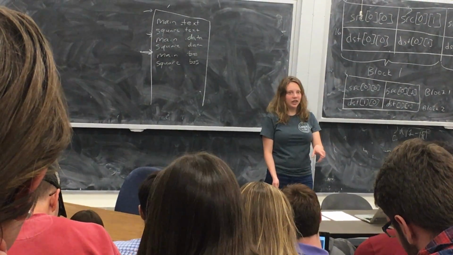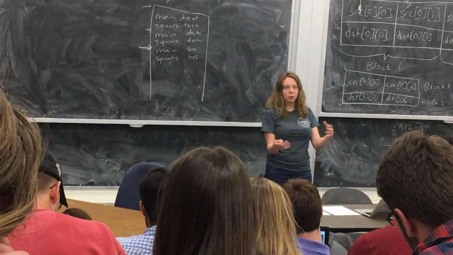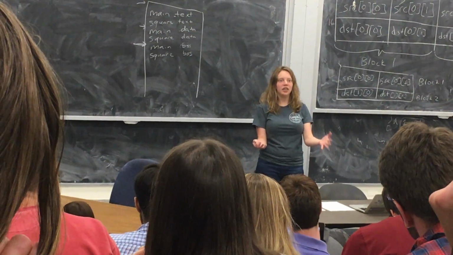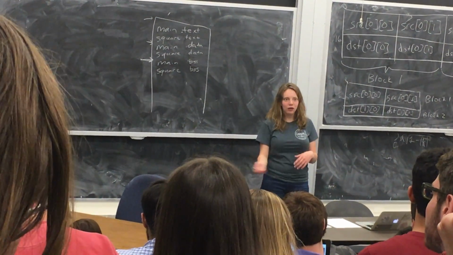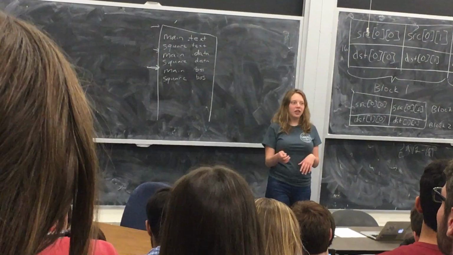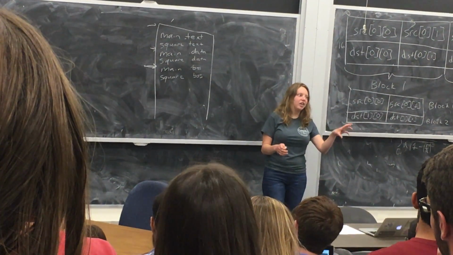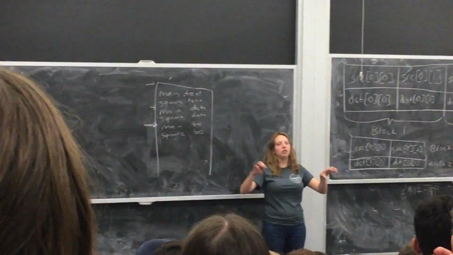So one reason we need it is because in main, that square function isn't defined. So we need some way of telling main.c that yes, square is defined, go and look in this file for it. That's how we do it with the linker. The other thing a linker does is it enables you to edit one file and not have to recompile every other file. You can just relink.